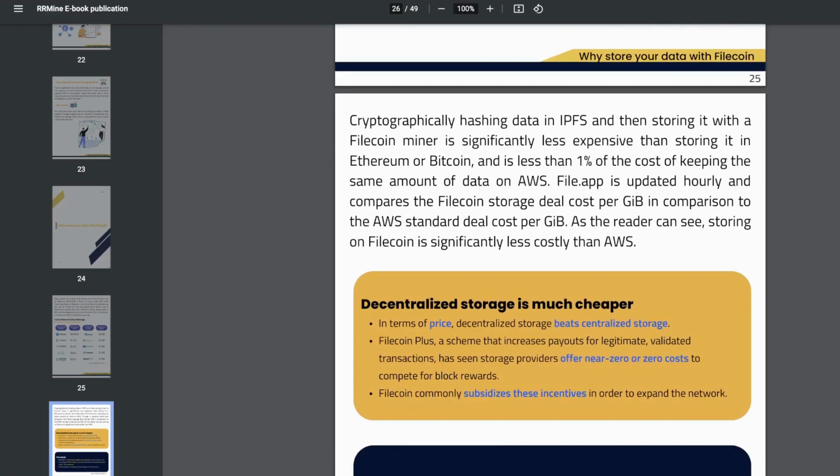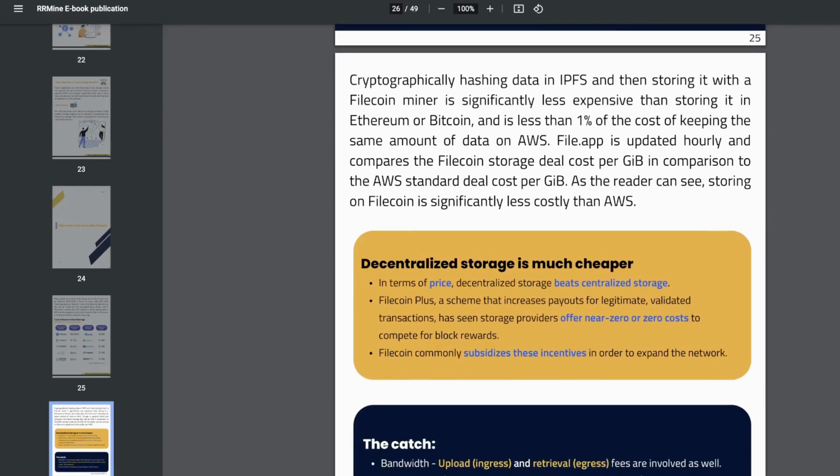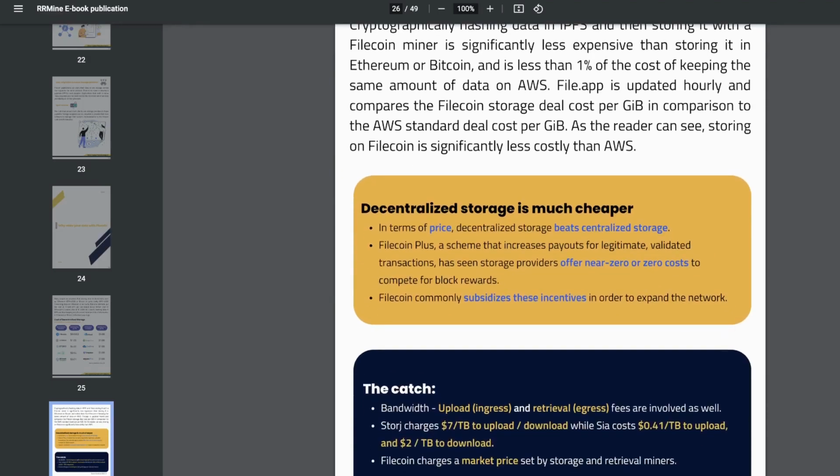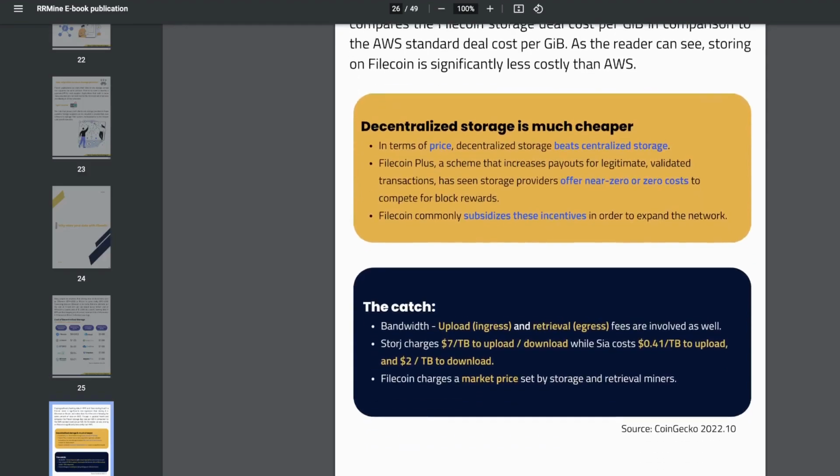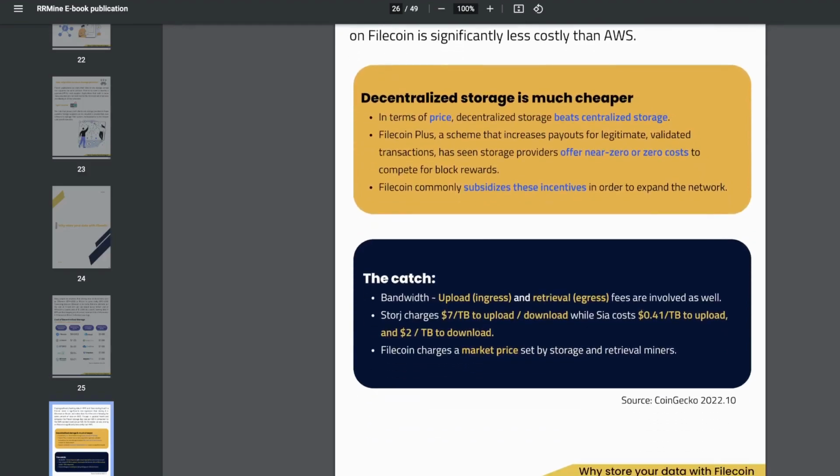FileApp is updated hourly and compares the Filecoin storage cost per gigabyte in comparison to the AWS standard cost per gigabyte. Okay, so as the reader can see, storing on Filecoin is significantly less costly than AWS. Decentralized storage is much cheaper in terms of price. Decentralized storage beats the centralized storage.